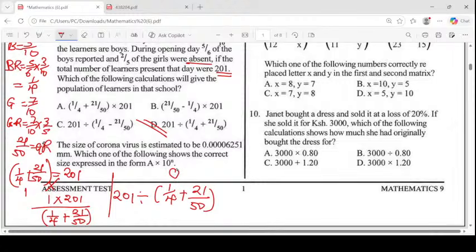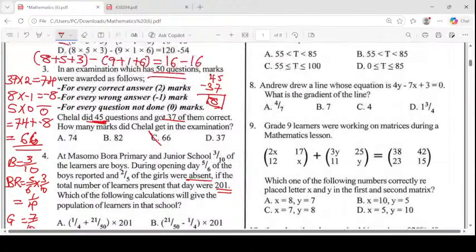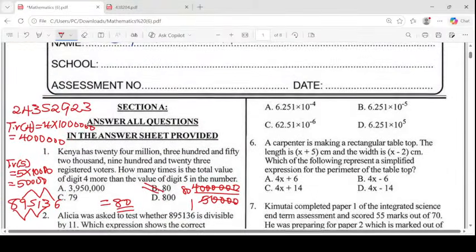Counting the decimal places, 1, 2, 3, 4, 5, this will be 6.251 times 10 power negative 5, which is choice B for boy.